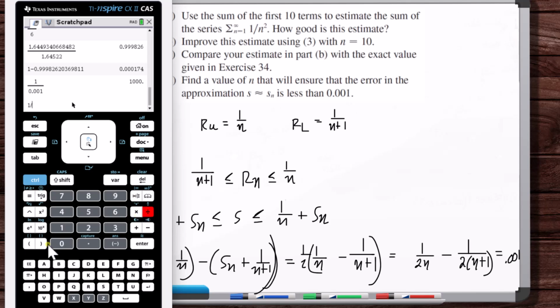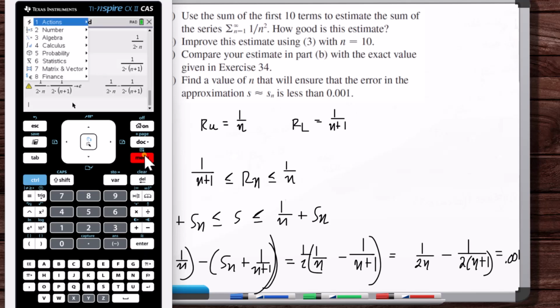So 1 over 2 times n, and then 1 over 2 times n plus 1, that minus that, store that as E.